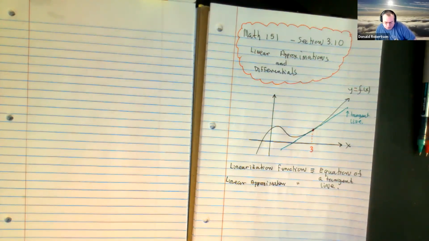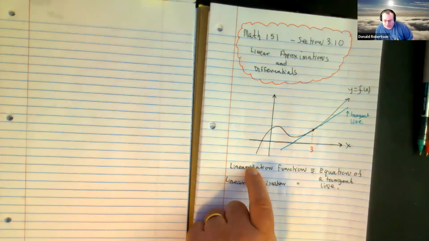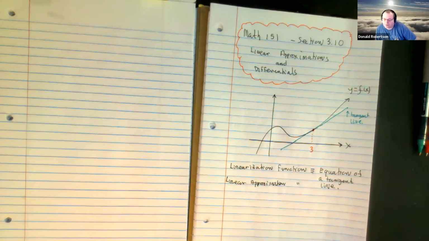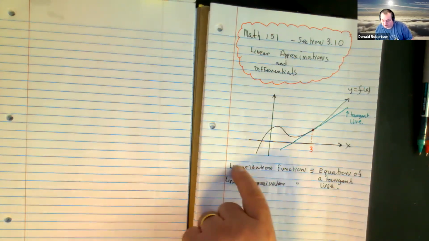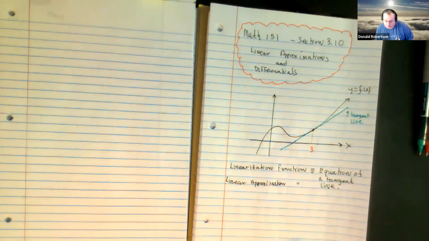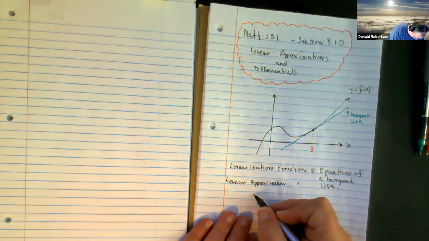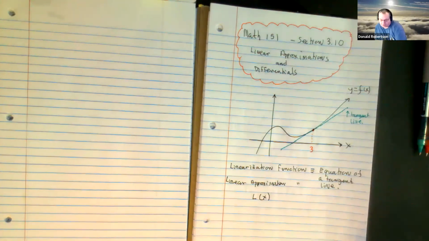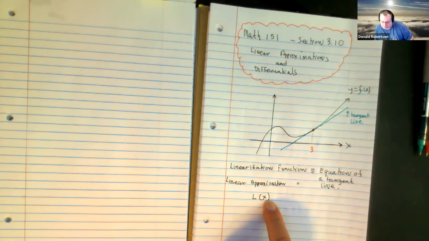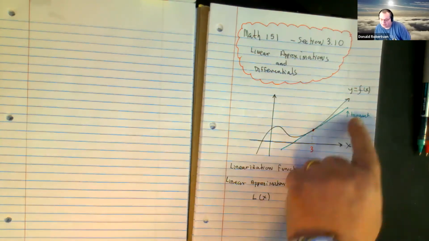I think those are the most common ones: linearization function and linear approximation function. In WebAssign, you're going to be asked using this. Now, we very often will call it L of x, L for linear. So we are going to find a straight line, L of x, this tangent line.